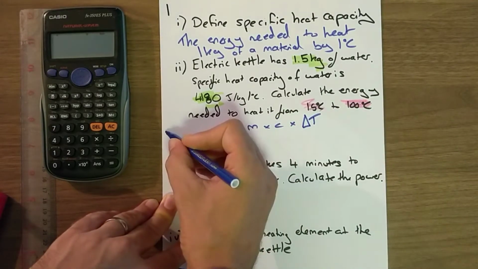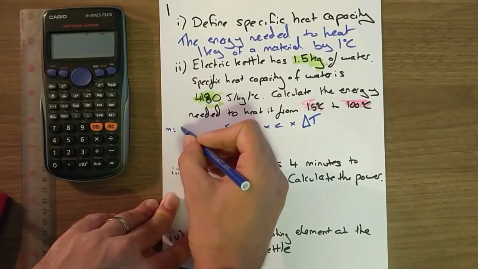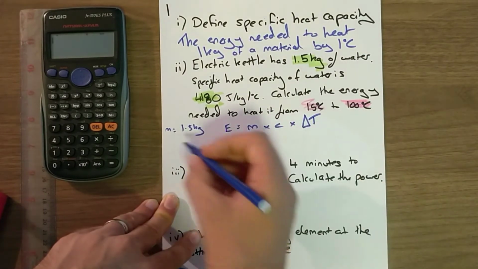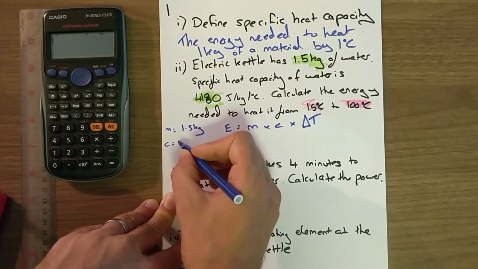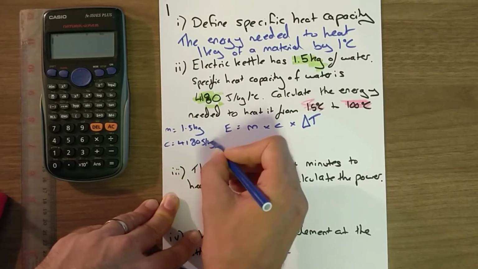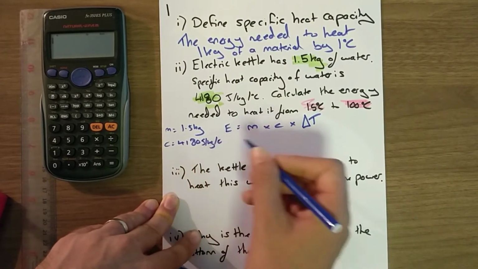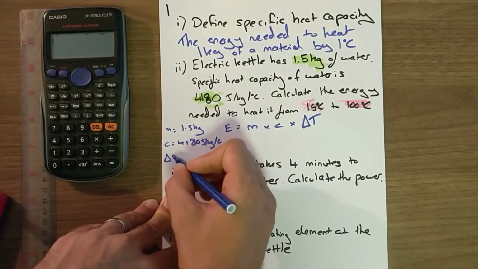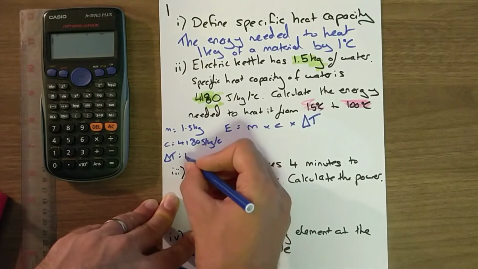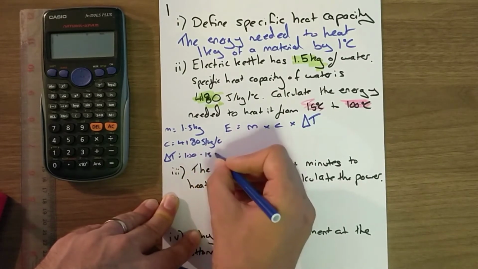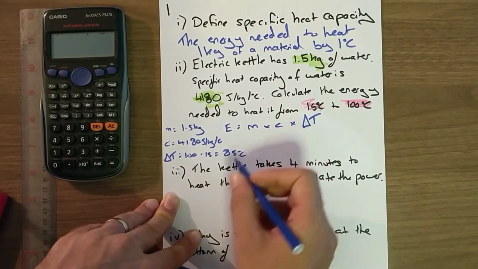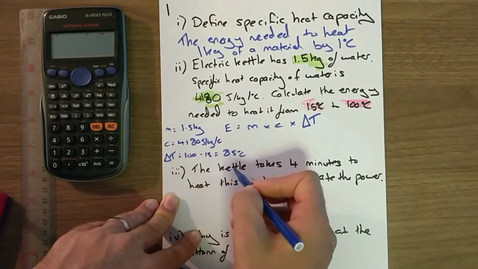So, we've got a mass of 1.5 kilograms. That's good, kilograms, fine, no worries. Specific heat capacity, 4,180 joules per kilogram per degree. That's all good for us. But our change in temperature, well, that's the difference between 100 and 15. So it's 100 take away 15, which is 85 degrees C. So our units are all good, kilograms and degrees.